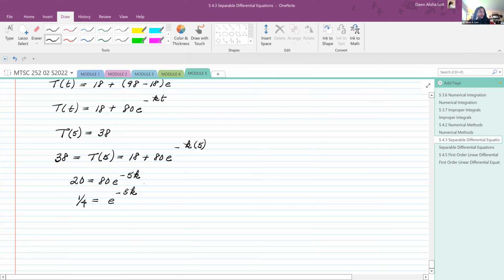How do I get the 5k out of the exponent? Natural log. So the natural log of 1 over 4 is the natural log of e to the negative 5k. They're inverse functions.